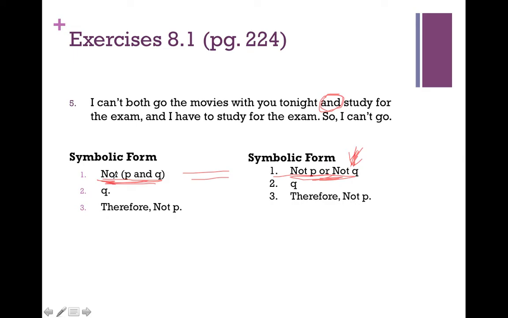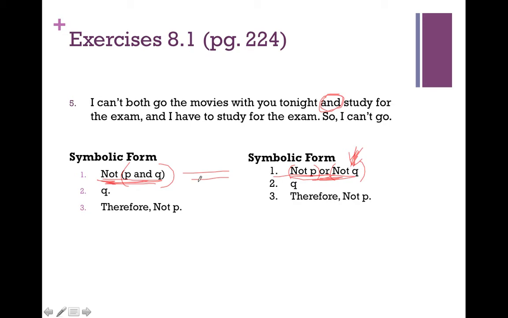Over here the word not is ranging over this entire statement, whereas over here, not ranges over just P, and on this side it ranges over just Q. For that reason, in addition to what the words or and and mean in logic, these statements come out to be logically equivalent, even though they're being said differently. Anyways, if you got one of these two, you're in good shape.